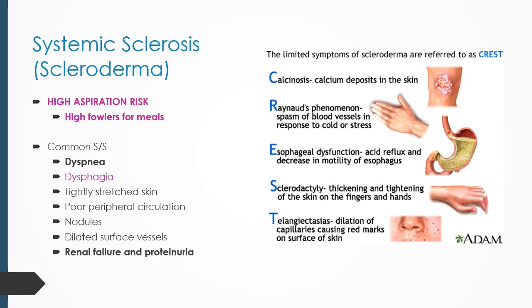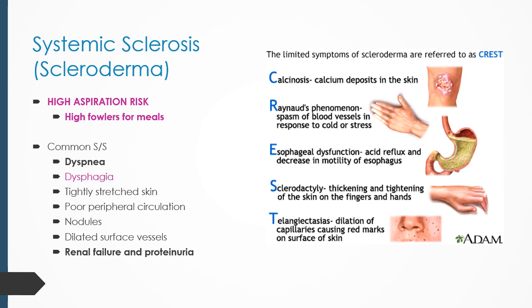Sclerodactyly is thickening and tightening of the skin on the fingers and the hands. And tightly stretched skin can occur anywhere. So this can occur on the face, it can occur on the hands. That's normal. So that's an expected finding as part of this disease process. And then telangiectasias, which are dilation of the capillaries causing red marks on the surface of the skin.